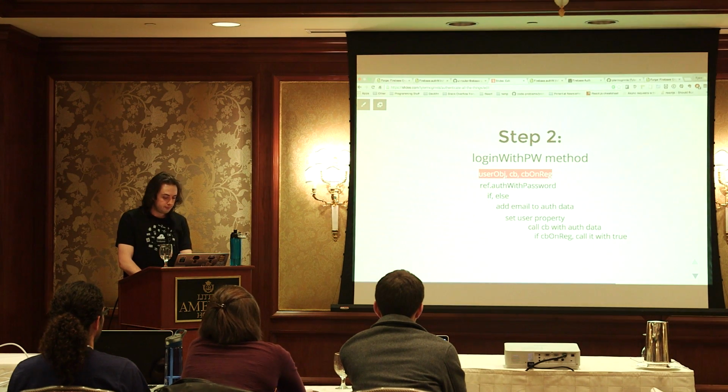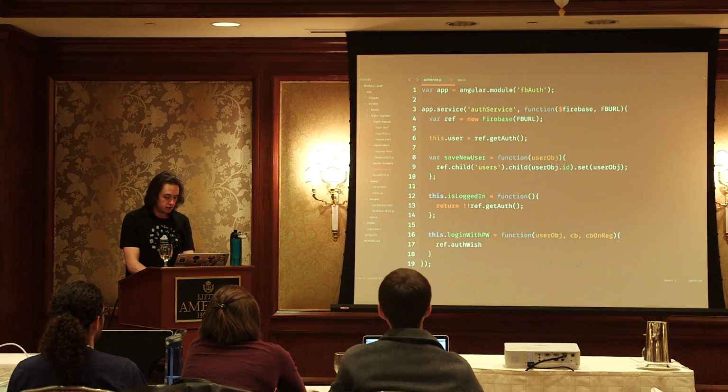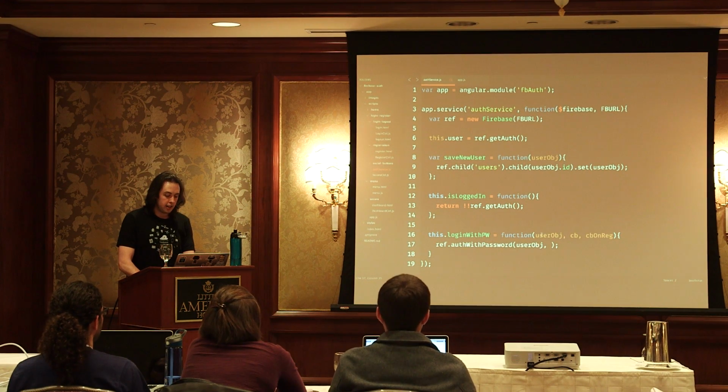So now what we're going to do is use ref.authWithPassword. We need to pass it 2 things. Those things are this user object we're getting from right here and this callback.